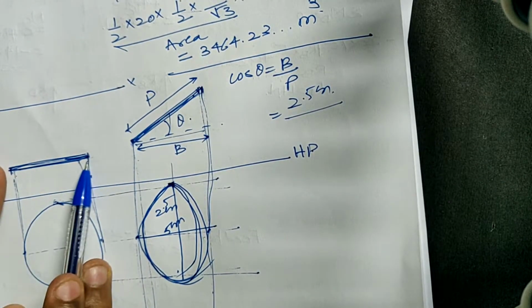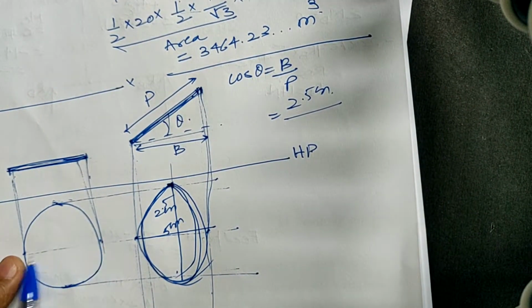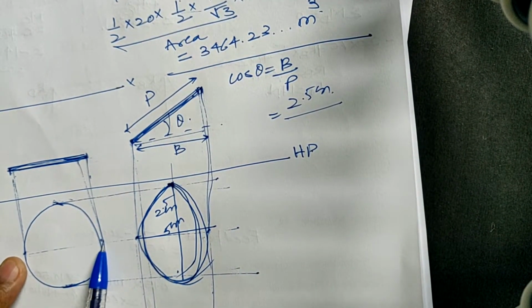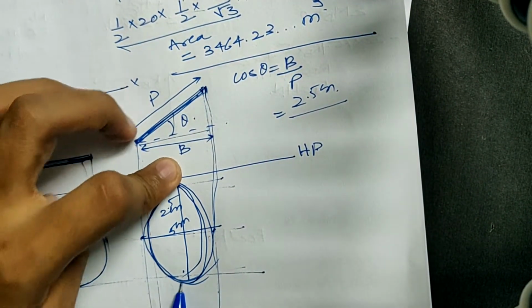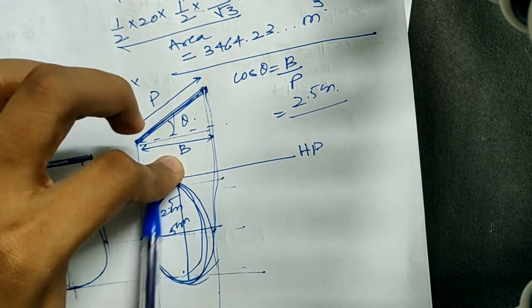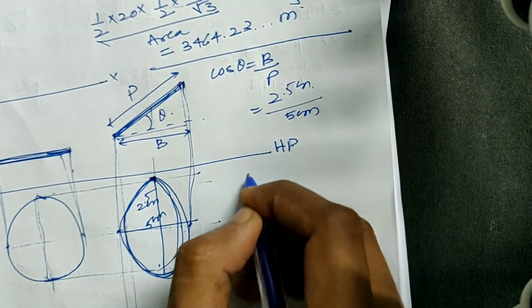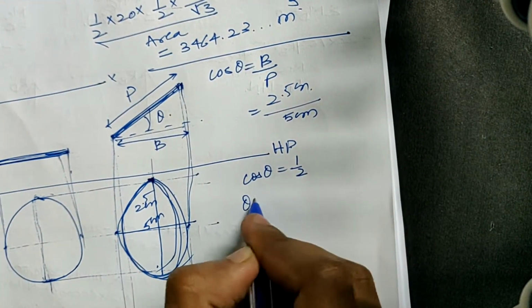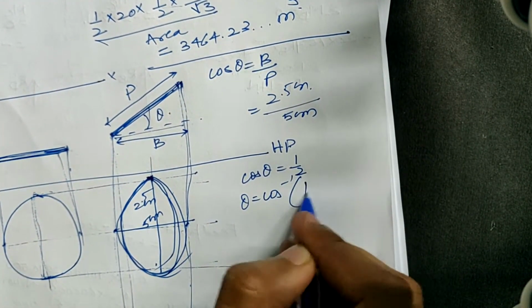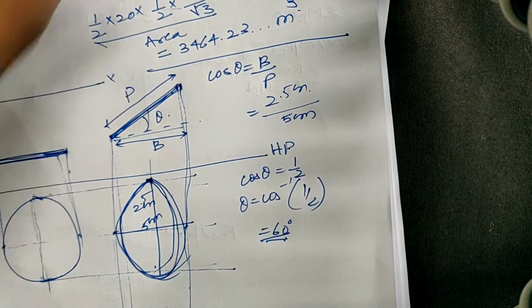The length of your plate is equal to the diameter of the circle. Also the diameter of the circle is equal to the major axis of the ellipse. So 2.5 cm by 5 cm. It says cos theta is equal to half. So theta is equal to cos inverse 1 by 2, which is equal to 60 degrees. Hence solved.